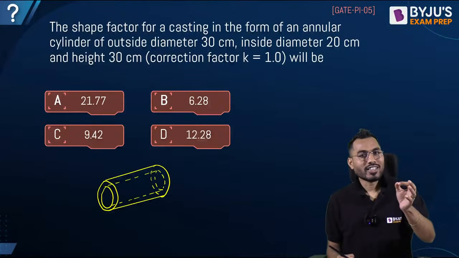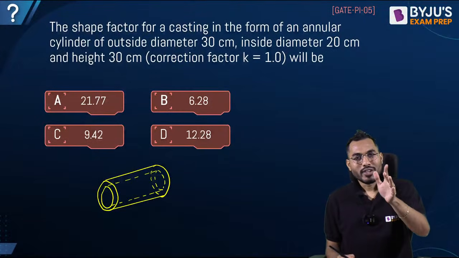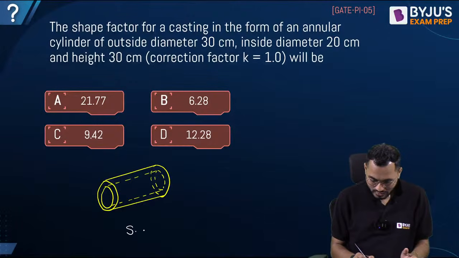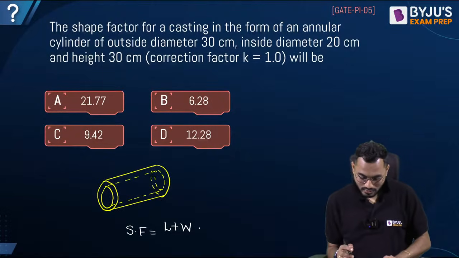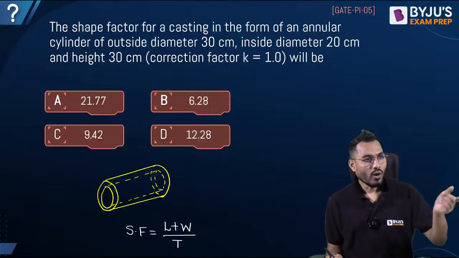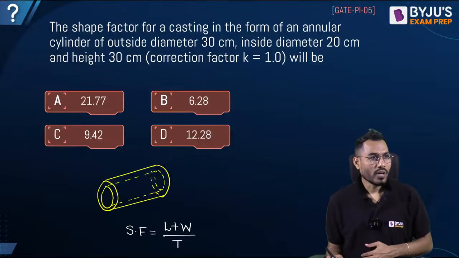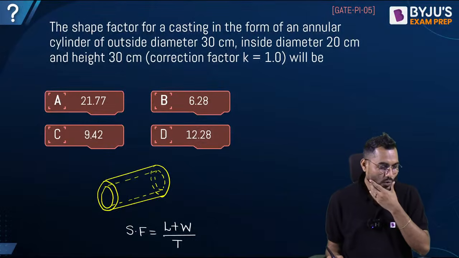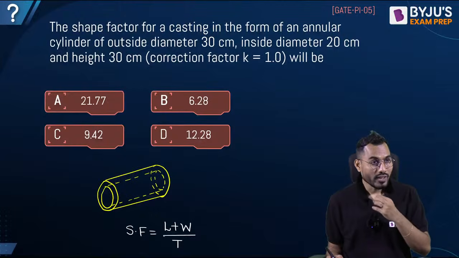Yes sir, shape factor is exactly equal to length plus width divided by thickness. Length plus width divided by thickness. 21.77.